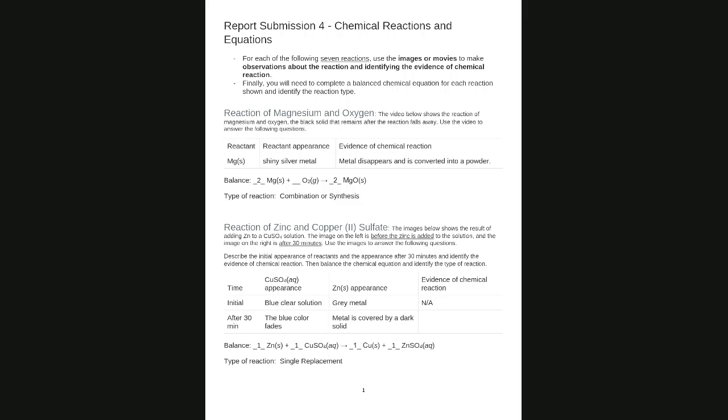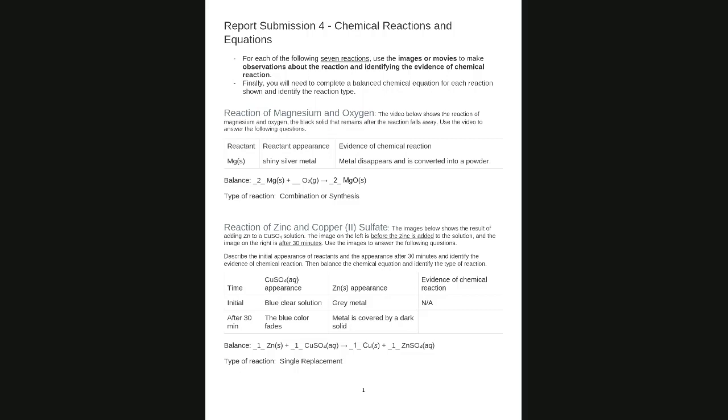So you have to describe, and then you will have to describe the evidence of a chemical reaction. When we say evidence of a chemical reaction, you will have to write some of the evidence that we've been looking at, that we mentioned before. If there are bubbles, if there is a precipitate, if there is a change in color.